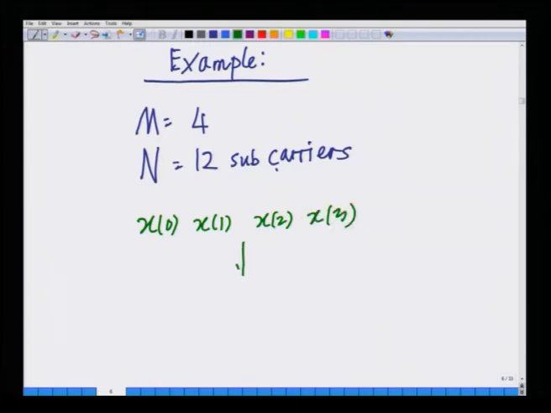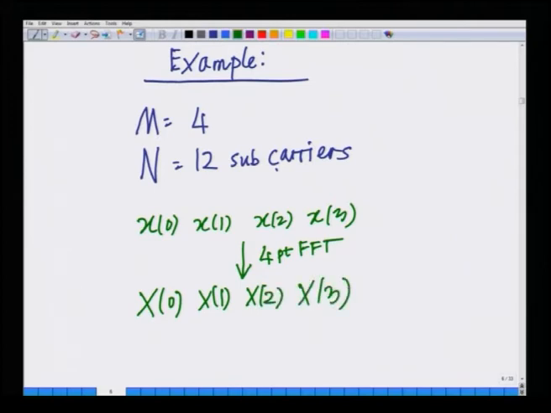I perform the M point FFT, which is essentially the 4 point FFT. These are the symbols that are now to be loaded onto the N equals 12 subcarriers.